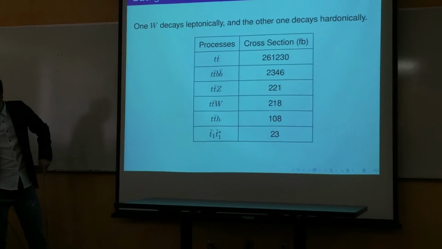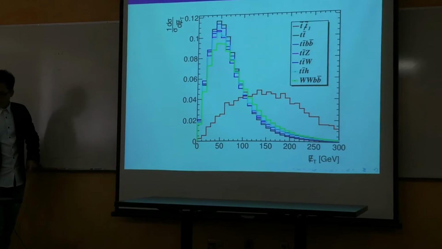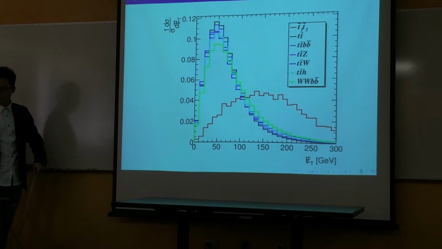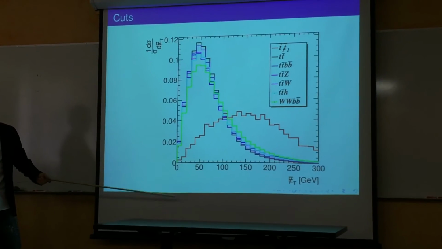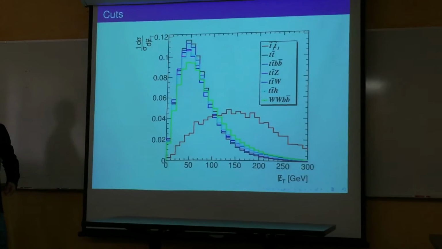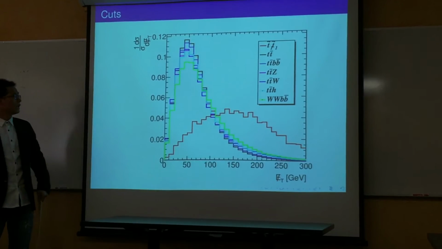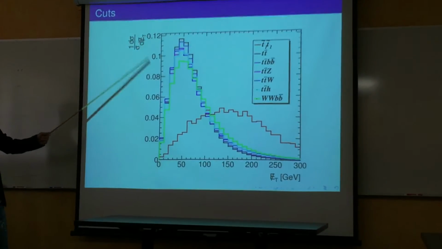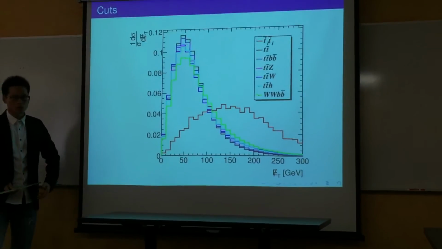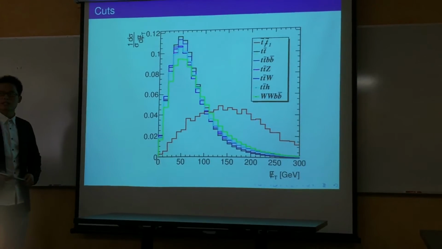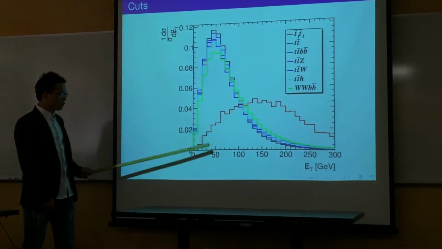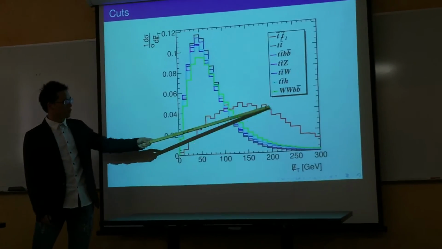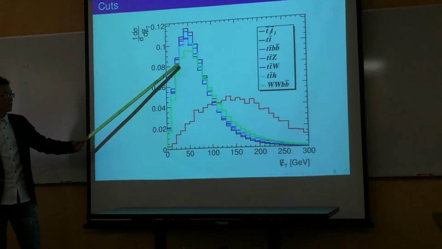So I use 1 cut on the missing energy. In the standard model, the missing energy comes just from neutrinos, and in the signal, in SUSY, the missing energy comes either from the neutrino or from the LSP. So for the signal, the distribution will be much wider than for the backgrounds, right?